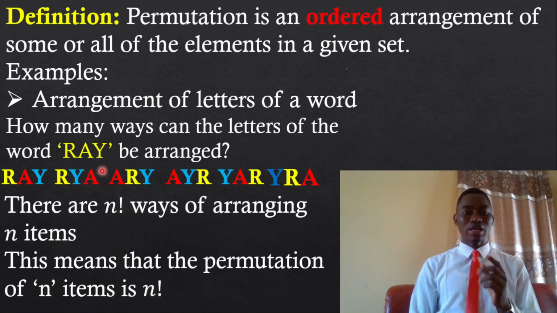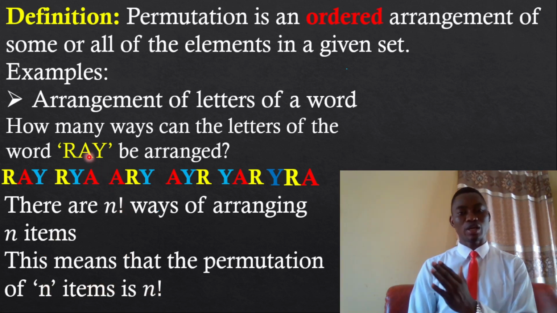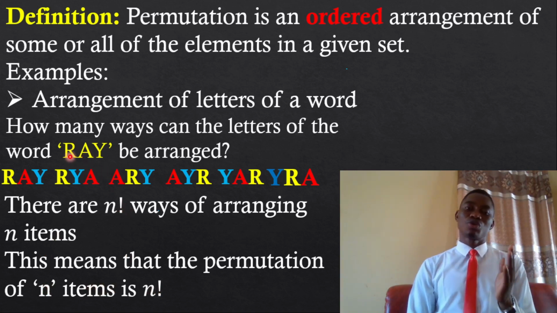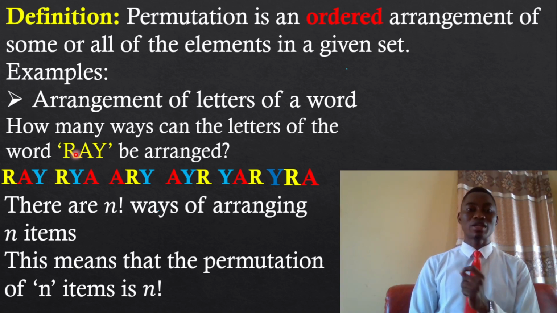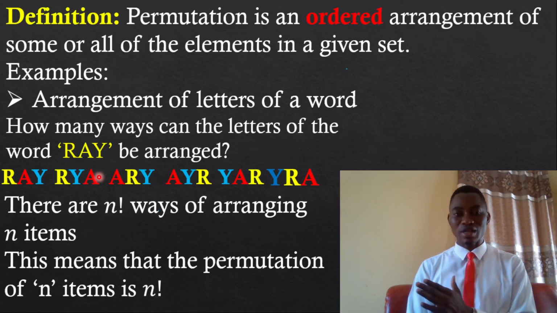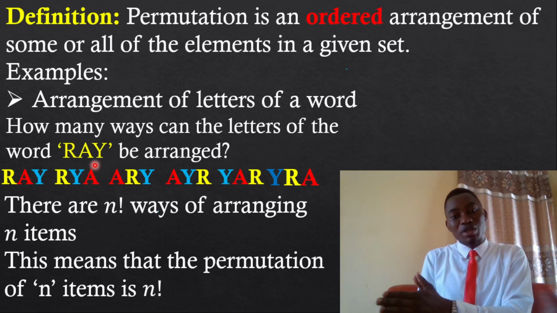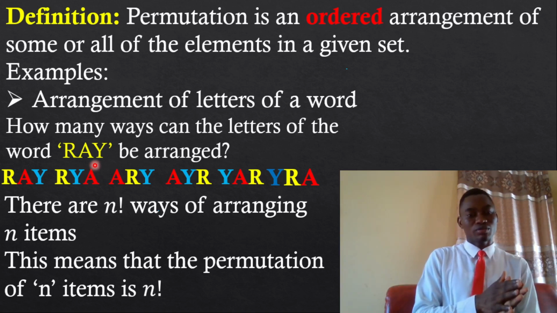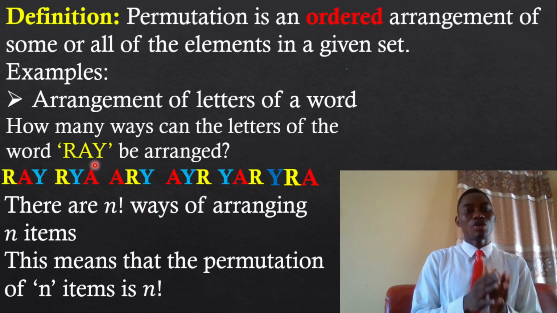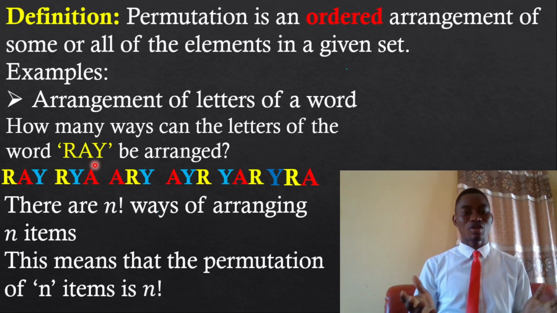So let's go back to this word ray. Ray has how many letters? One, two, three. So ray has three letters. It means there are three factorial ways of arranging the word ray.